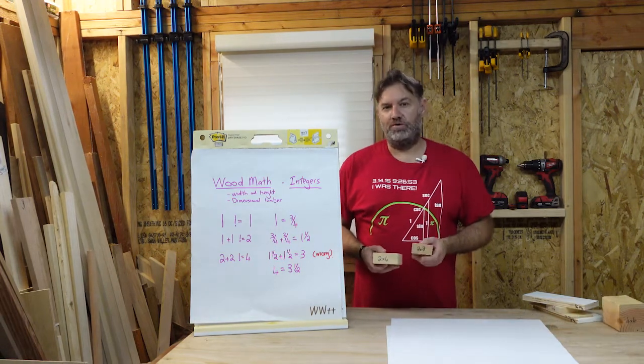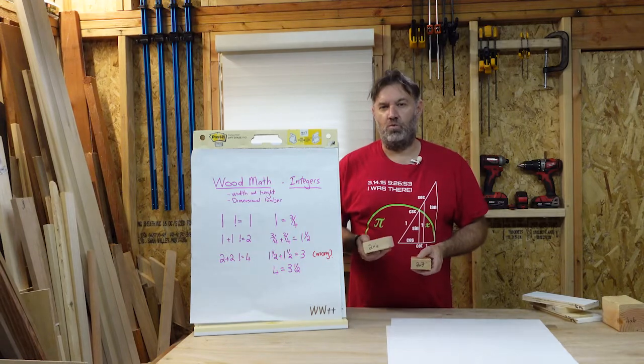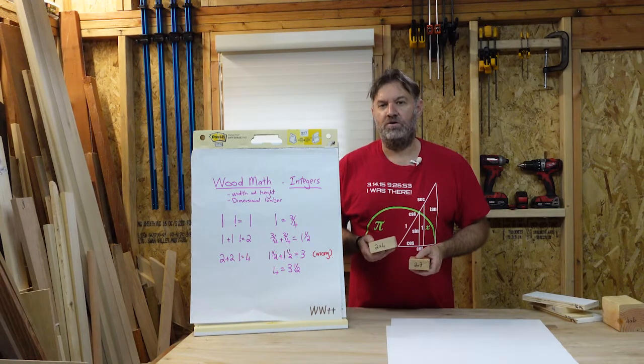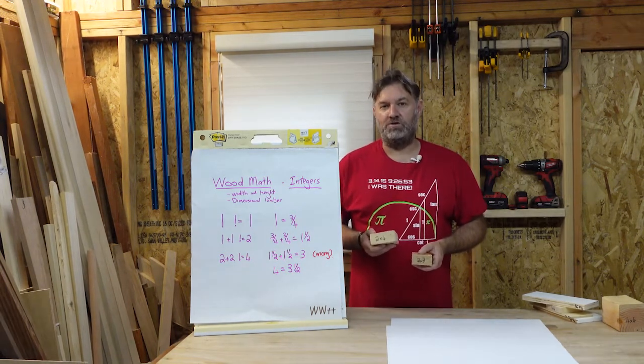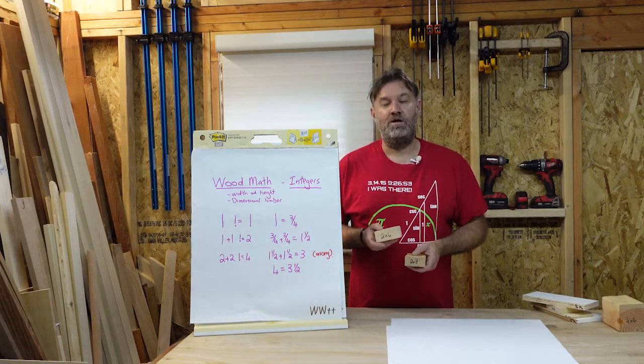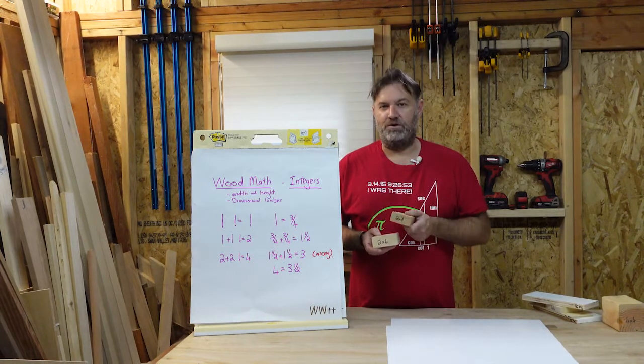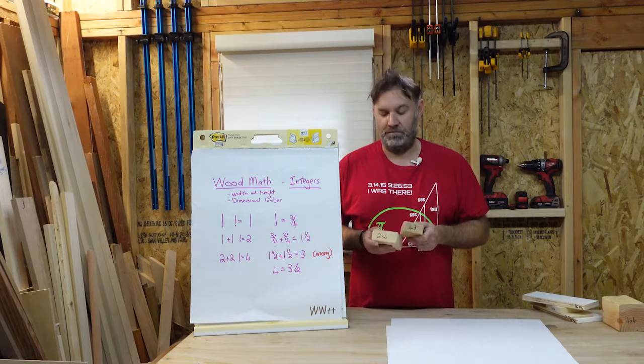So the general rule of construction lumber is, when measuring inches for width and height, you subtract 1/2 of an inch. For a 2x4, it's actually 1.5 inches high by 3.5 inches wide. A 2x3, for example, is 1.5 inches high by 2.5 inches wide.